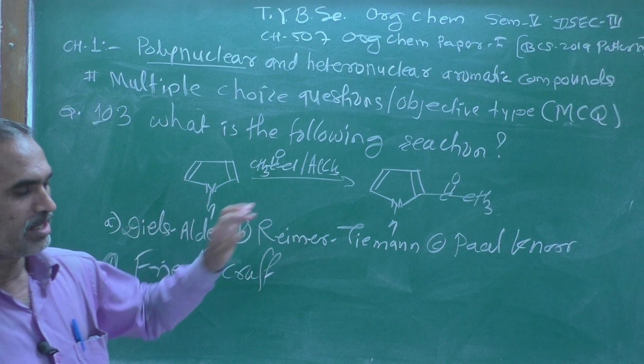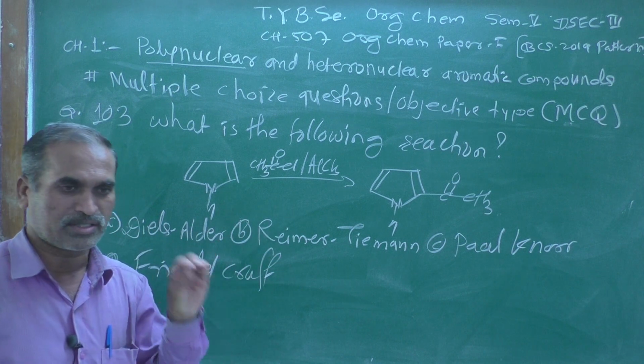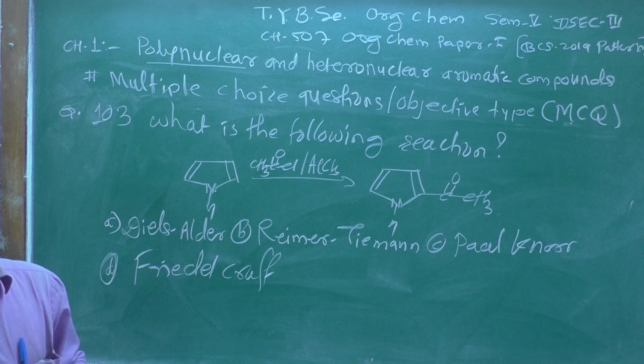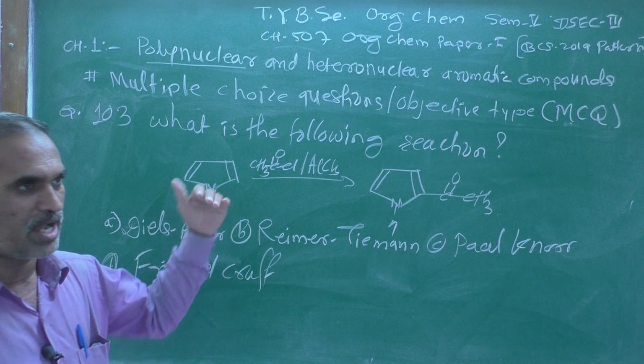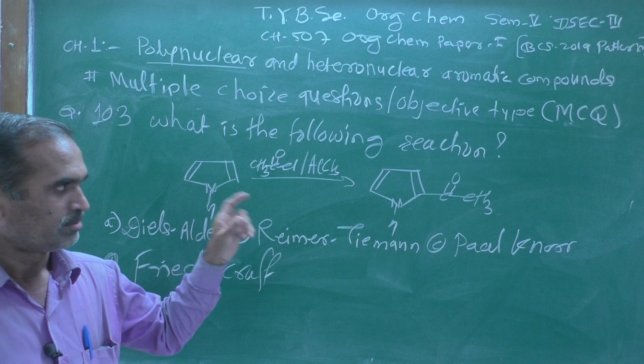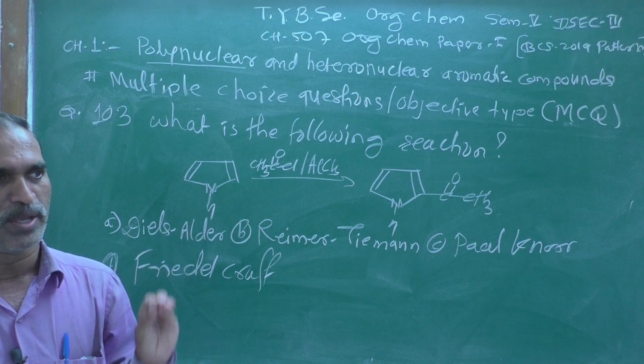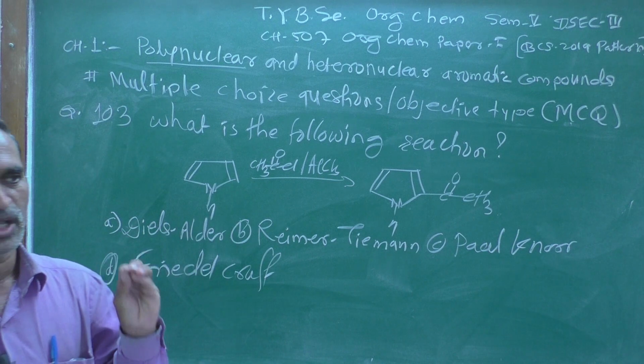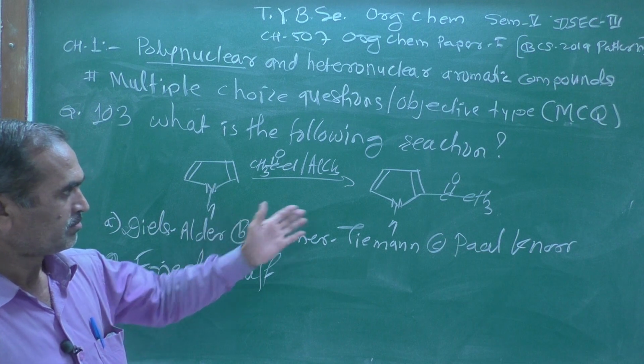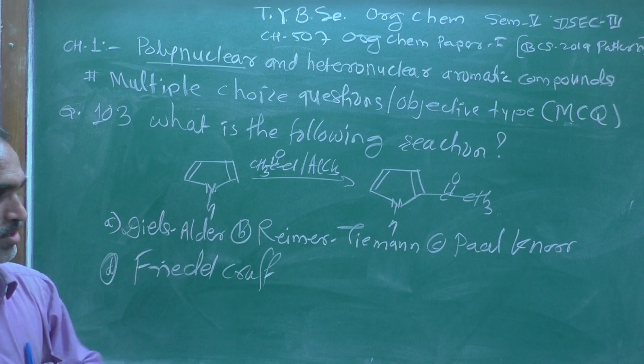Now the Riemer-Tiemann reaction, as we know, introduces a formyl group at the 2 position in a 5-membered aromatic heterocyclic compound, but here an acetyl group is introduced.